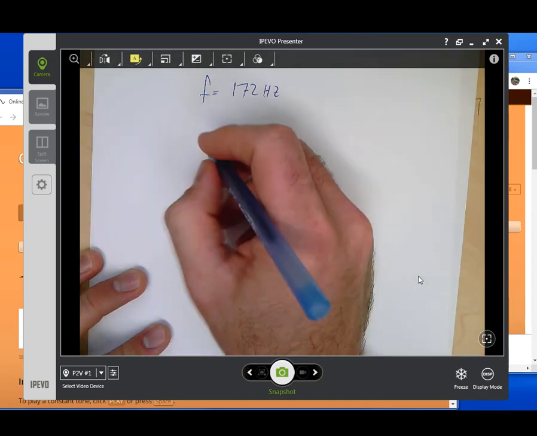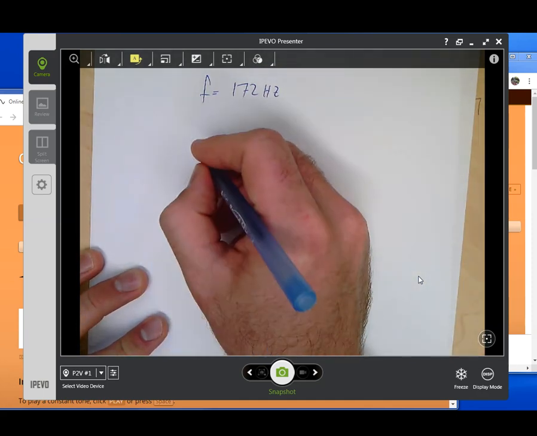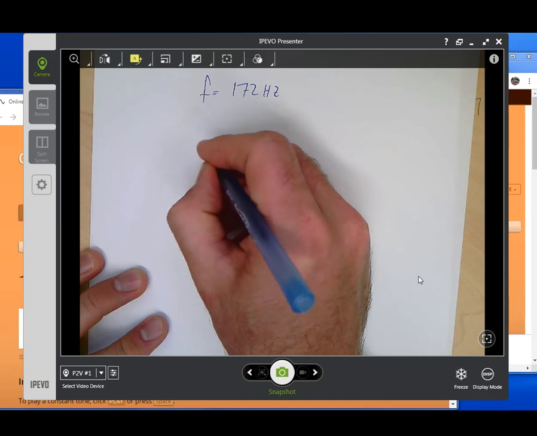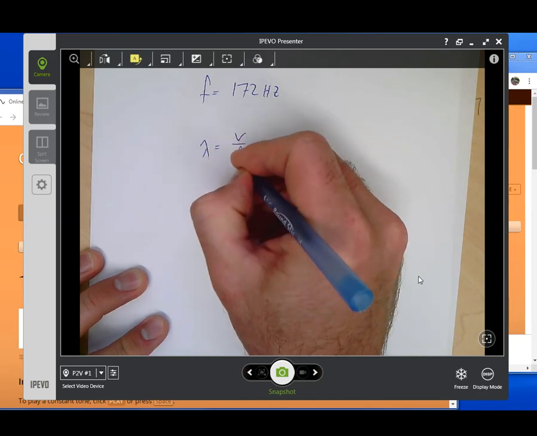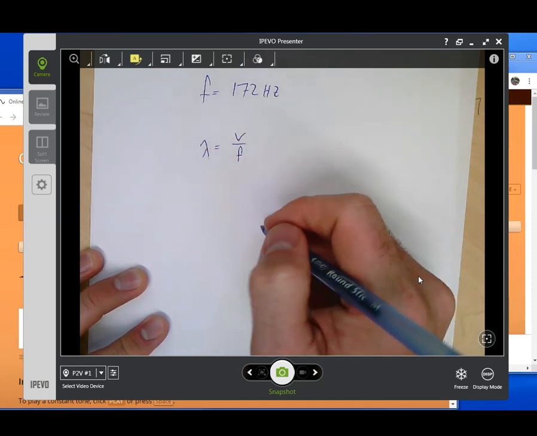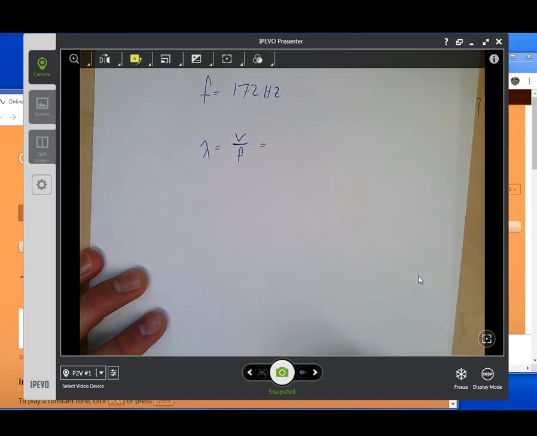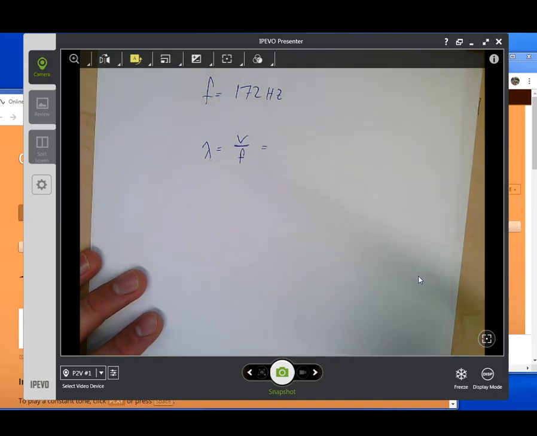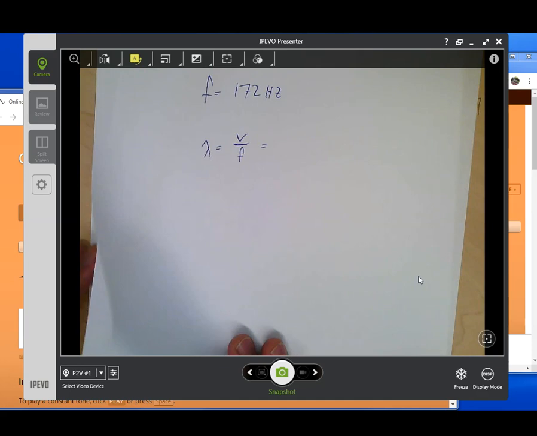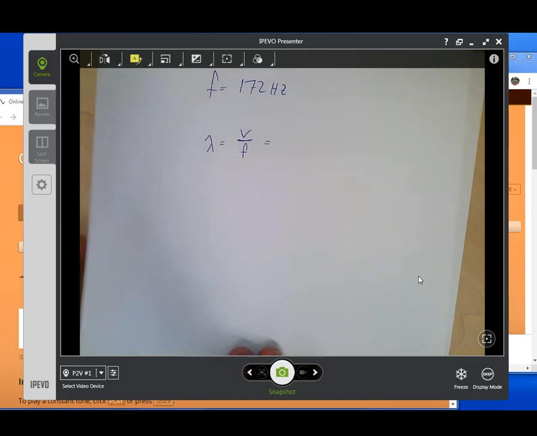But if you remember from our review from the beginning, it's a fairly straightforward exercise to go between wavelength and frequency, or frequency to wavelength. In fact, the exact example that we did at the very beginning was a wavelength of 2 meters, which ended up as a frequency of about 170 hertz.